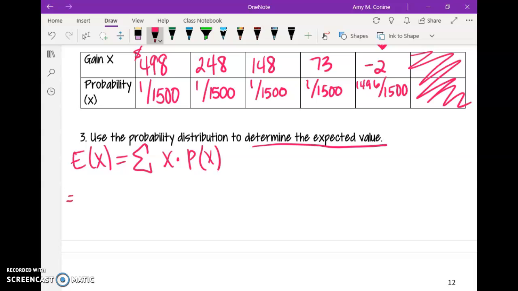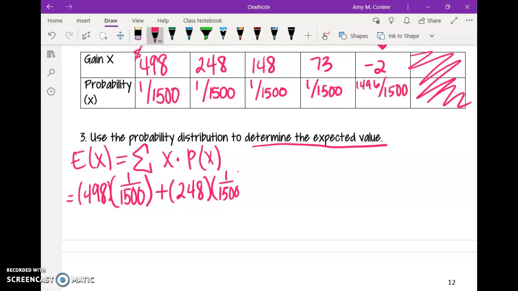So what that'll look like is we have 498 times our fraction 1 over 1,500. So that was the first prize. And we're going to add it to the product of the second prize with its probability. So 248 times the probability of 1 over 1,500.